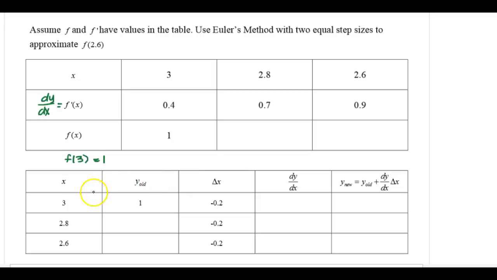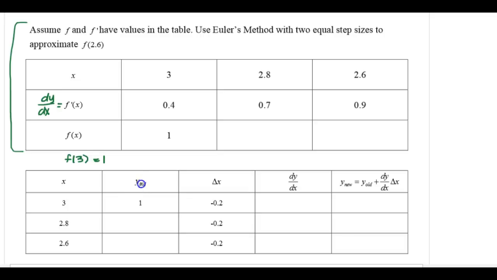So now to do that, I'm creating on the bottom, right? So this part right here would be like the question. What I'm creating on the bottom is I'm just going back to habits, right? So if we see Euler's method, here's what we need to do: find x, y old, delta x, dy dx, and then compute that y new. That's what we're going for.